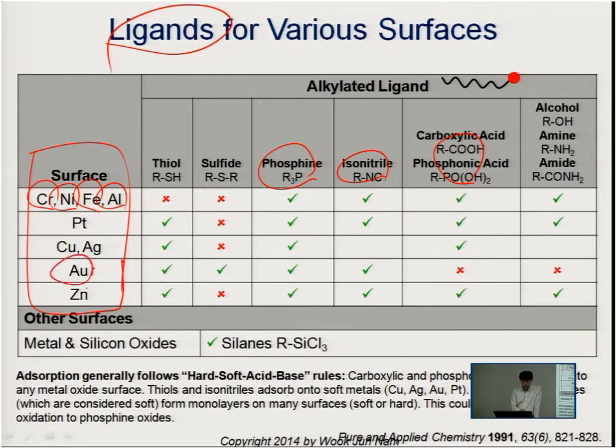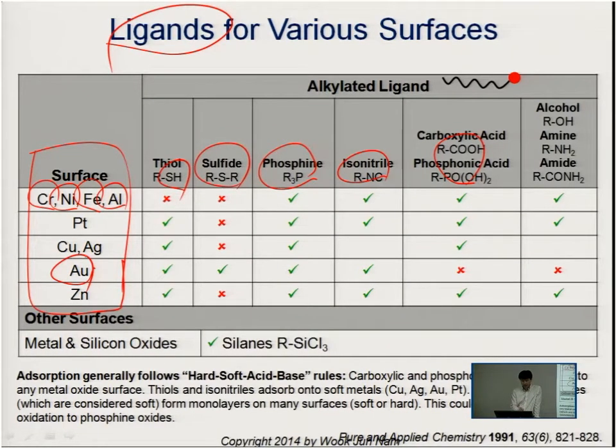For gold, we can use thiol or sulfide. Depending on the surface, this could be nanoparticles or thin films. So depending on the material we want to modify, we can use different molecules as a ligand.